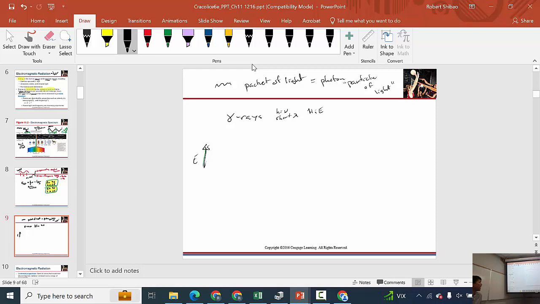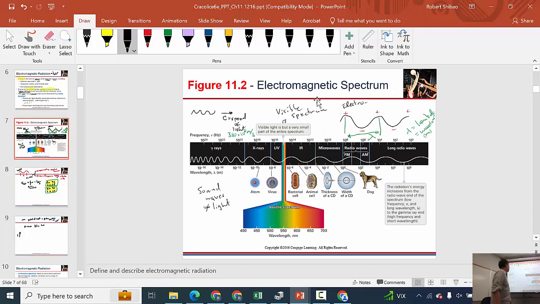And so this is a high energy packet of light. And so what do gamma ray photons do? Gamma ray photons cause damage. Because what happens is this. If you're looking at a gamma ray photon, gamma ray photons have very high frequency. Very high frequency means it's oscillating plus minus very fast.